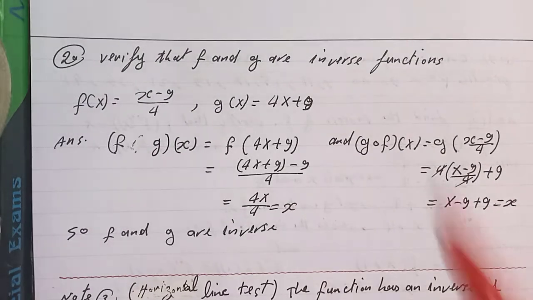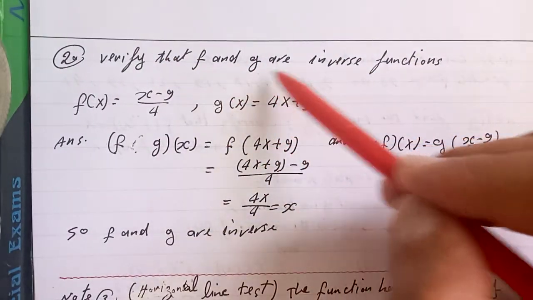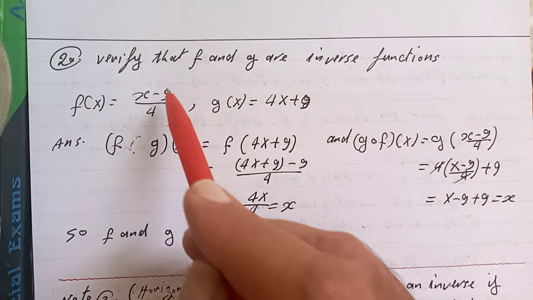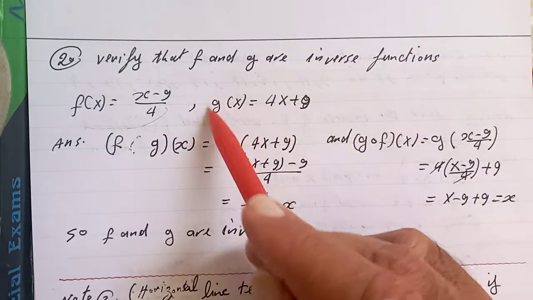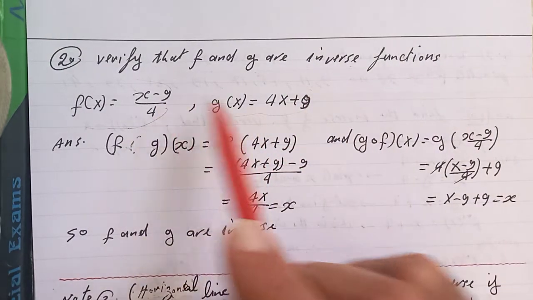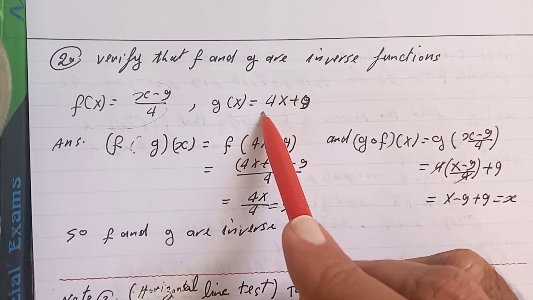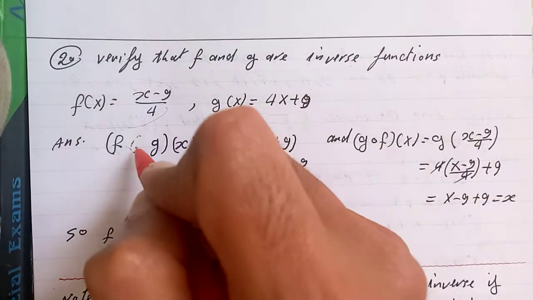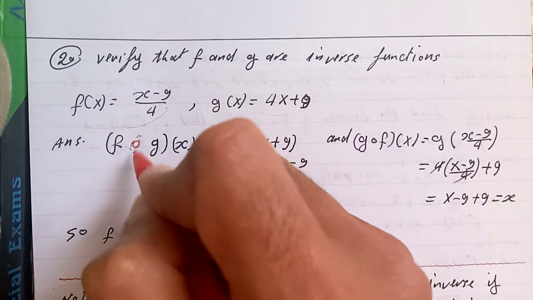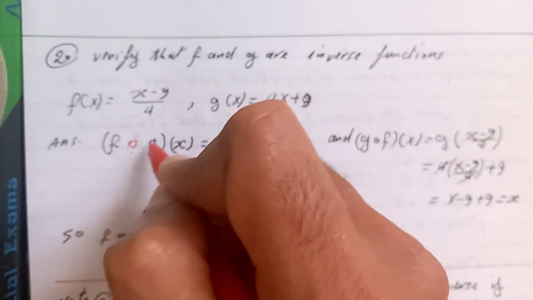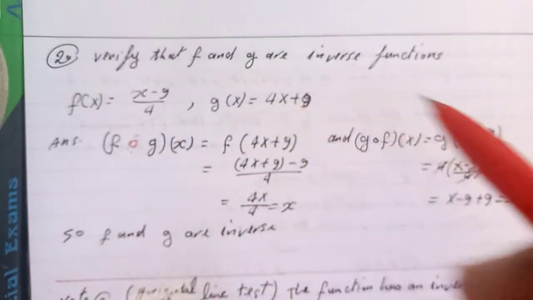Number 20. Verify that f and g are inverse functions. This is f of x and this is g of x. How can you verify that this is inverse to this? If you get f of g, how can you get it?